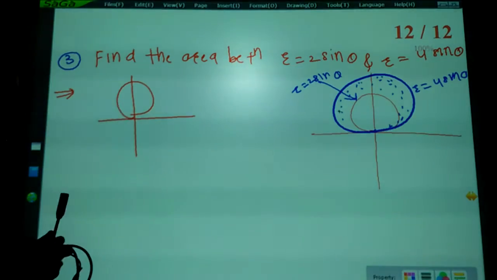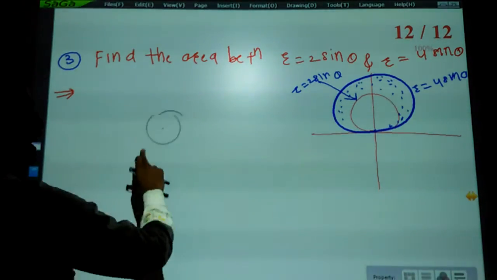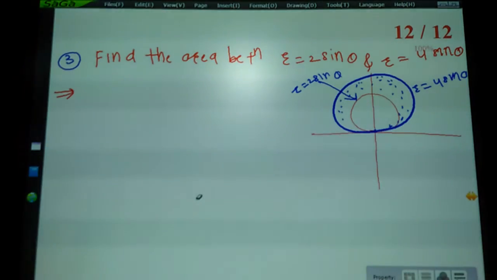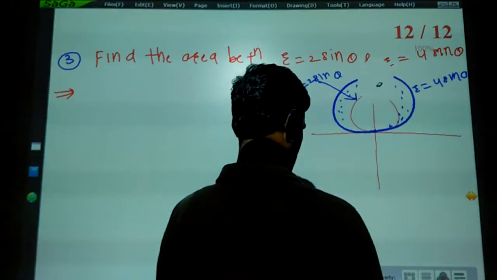Okay, but same way, firstly we will think about the first quadrant. By using the first quadrant, we will multiply by 2, then we will get the whole area. So firstly we will think about the first quadrant.